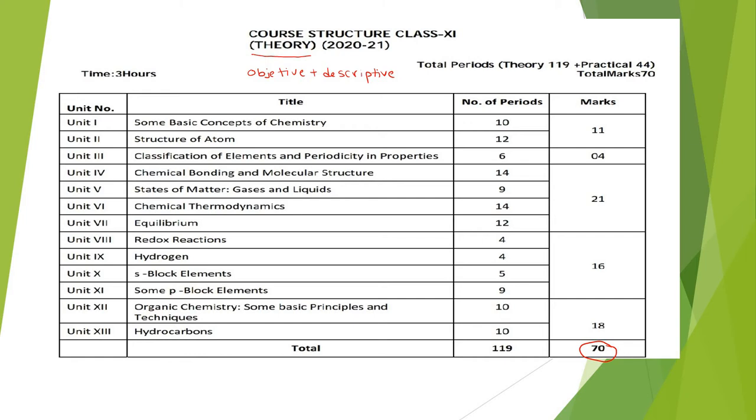In which chapter you will get objective and in which chapter you will get descriptive, otherwise both are possible, can be given in the blueprint at the time of the exam. But this table carries the chapter name, how many periods are required, and how many marks you get from the chapter.